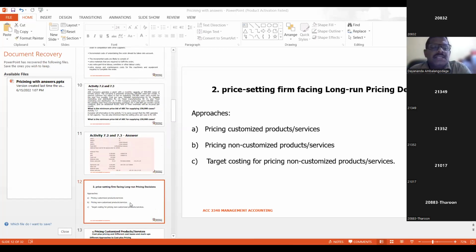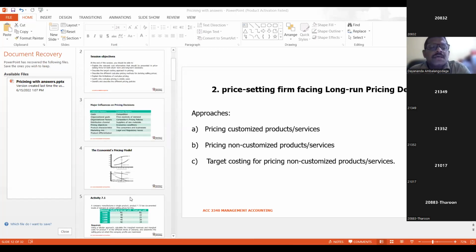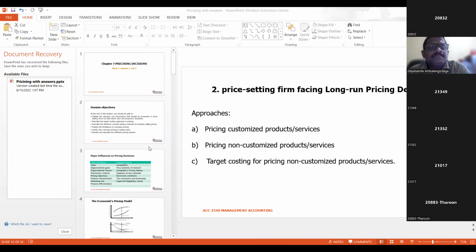In the first lecture we just introduced pricing. There we discussed the factors which really influence pricing decisions. There were external and internal factors.